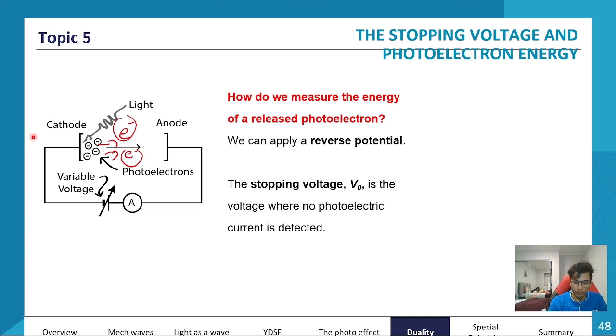These electrons are called photoelectrons, which is a fancy word for electrons ejected by light.